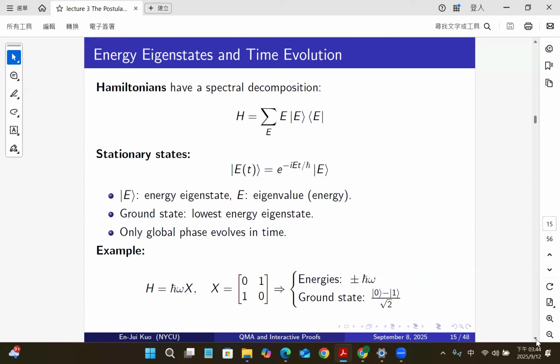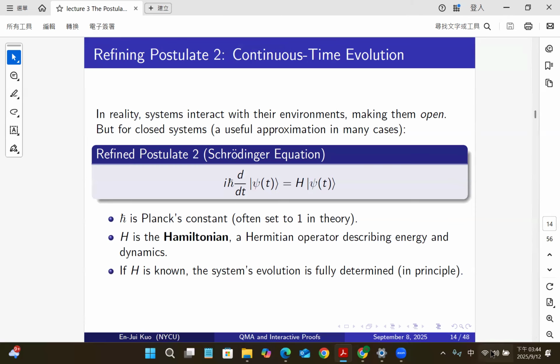But indeed, this is the same, because you can show that the state evolution is basically the same as a unitary.